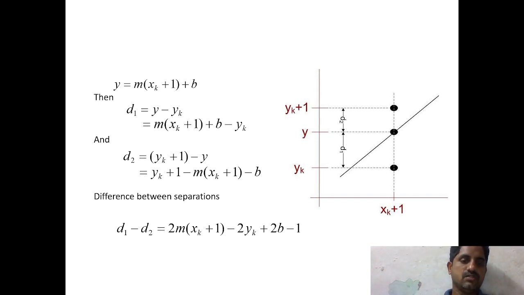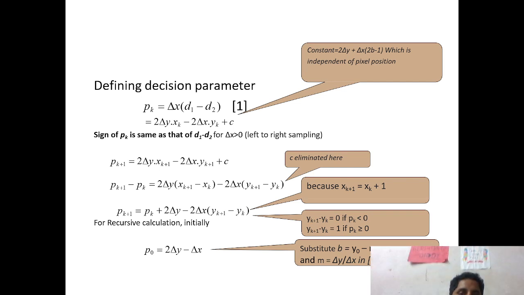The difference between them, d1 minus d2, equals 2m of xk plus 1 minus 2yk plus 2b minus 1. Defining the decision parameter, pk equals delta x of d1 minus d2, that is 2 delta y into xk minus 2 delta x into yk plus c, where c is a constant value independent of the pixel positions.